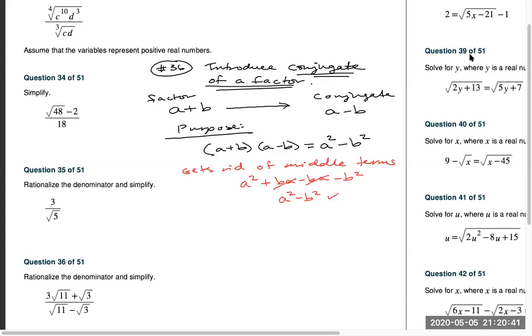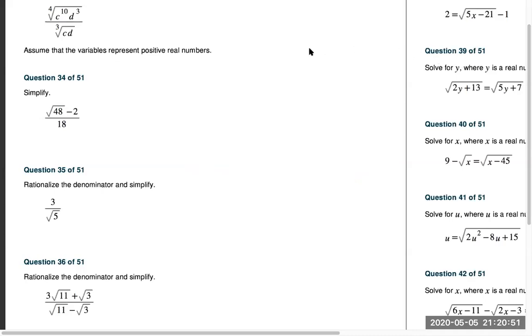All right, so essentially, we have root 11 minus root 3.